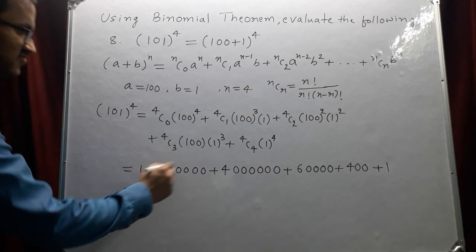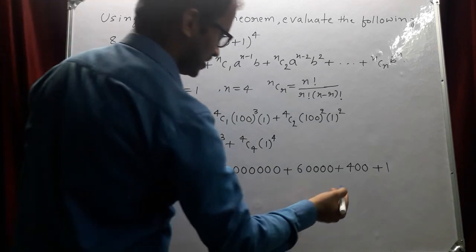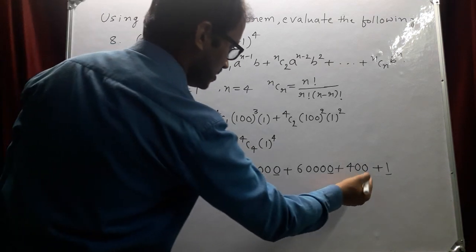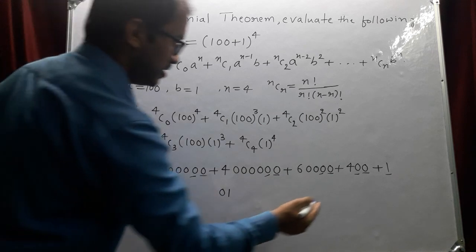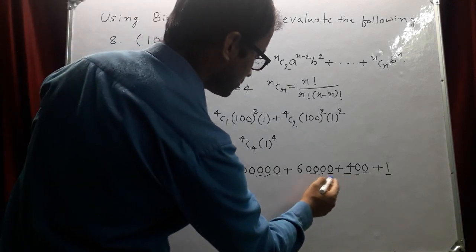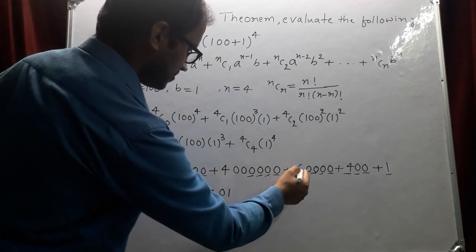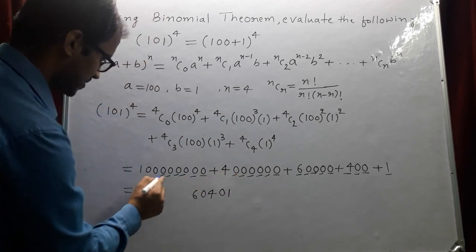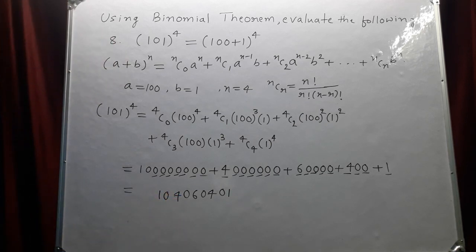So if you add all these values, you will get the value of 101 power 4. So 1 0 4 0 6 0 4 0 1.